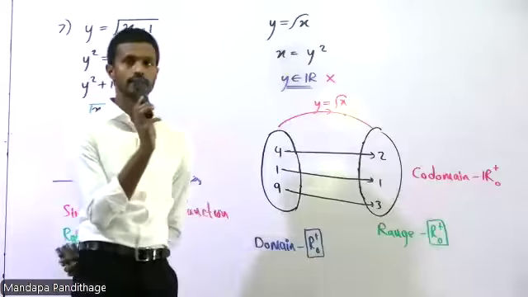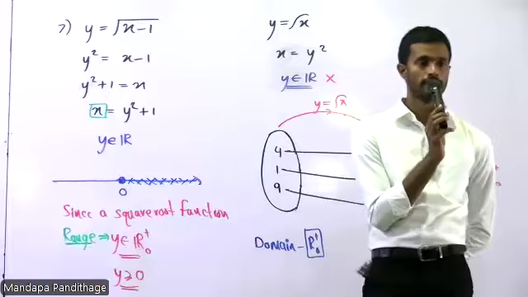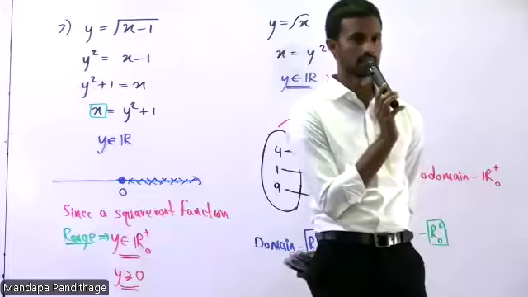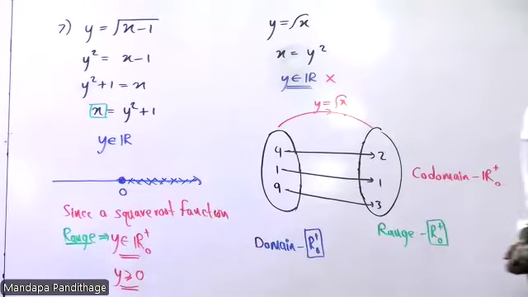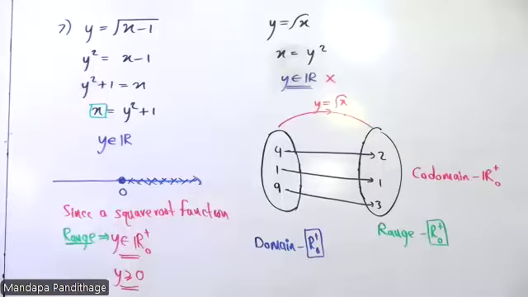Then after this one, write in this way. When finding the range of a square root function, find it in the normal way.